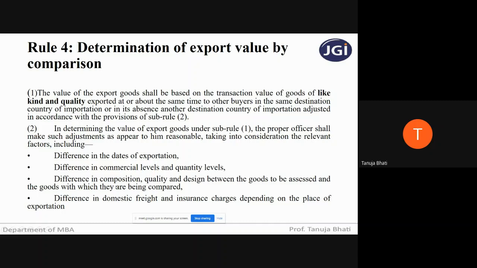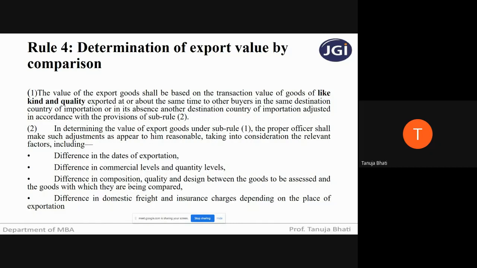Similarly, he will consider the quality, the design, the composition of the goods with which you are comparing, and also the freight and insurance charges will be compared and considered by the proper officer in making sure whether he should accept the value declared by the exporter in rule number 4, or he should reject.